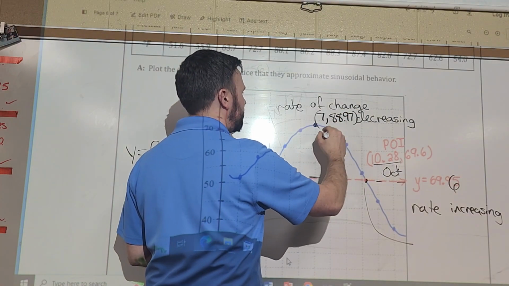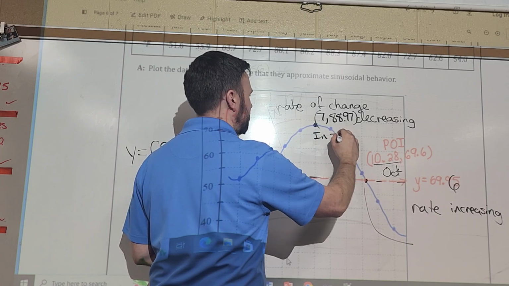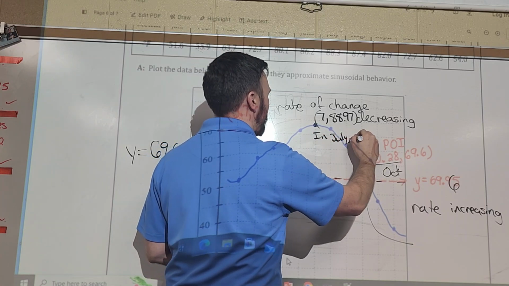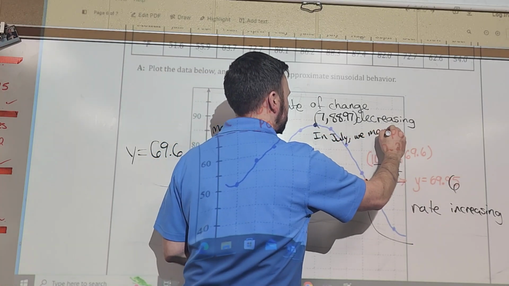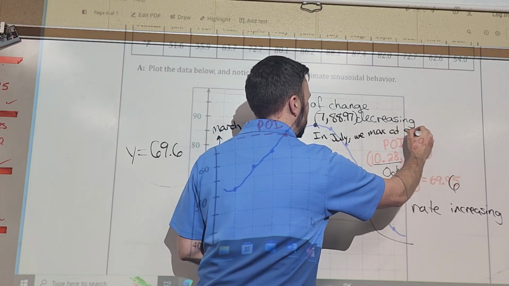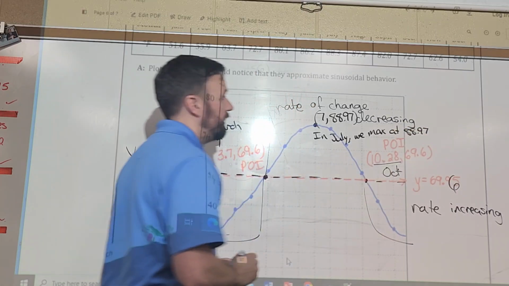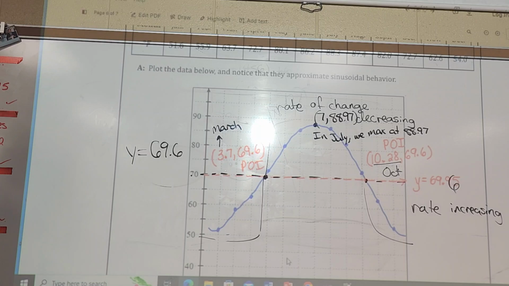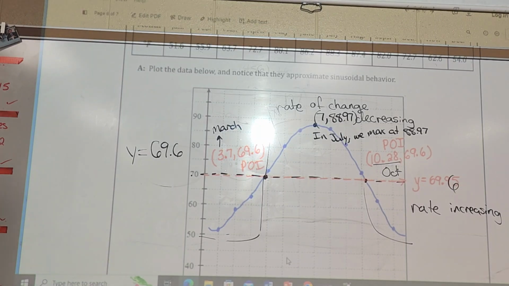And what that tells me is in July, we max out at 88. Do you know what's wild about that? I want you to think about this. In the middle of Georgia, in July, the average temperature is almost the exact same. Not us. We're by the lake. Our temperature doesn't care. We're like 10 degrees different in July.